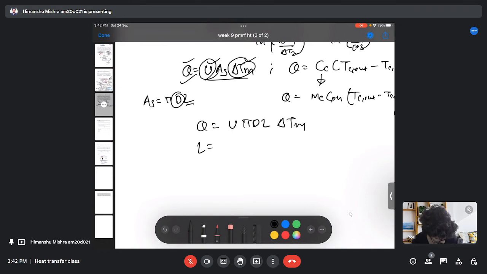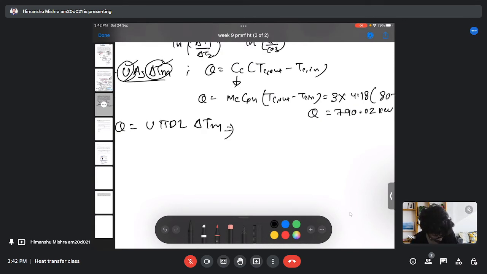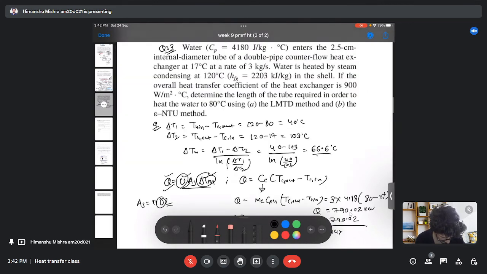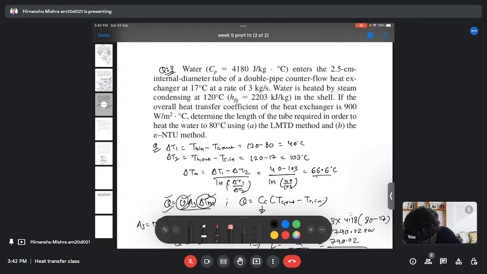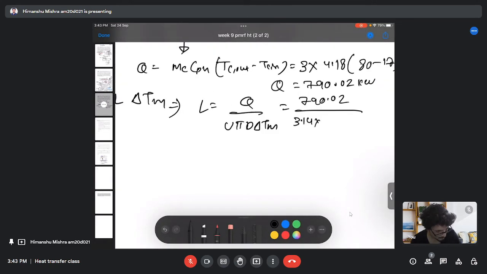So my length will be, with the overall heat transfer coefficient given as 900 watt per meter square degree Celsius, which is 0.9 in kilowatt, and the diameter as given, and the log mean temperature difference we found as 66.6.